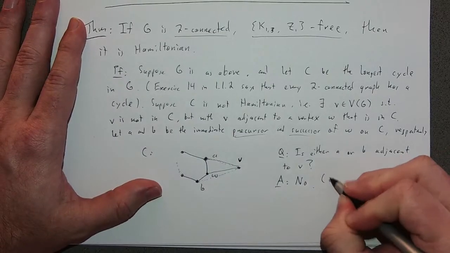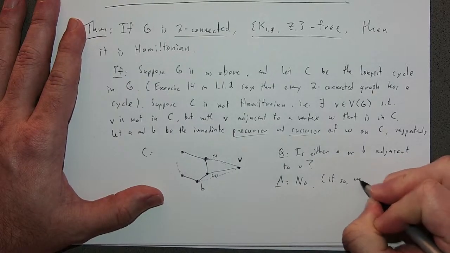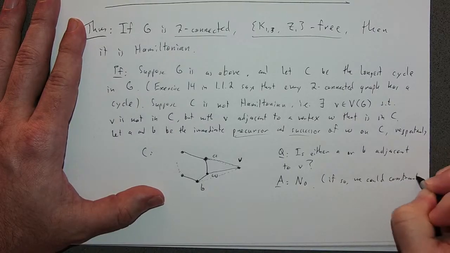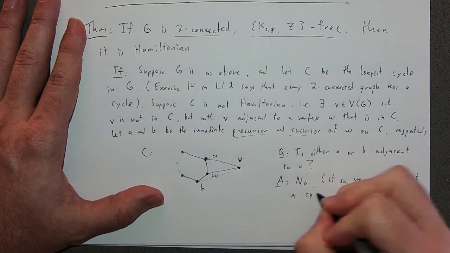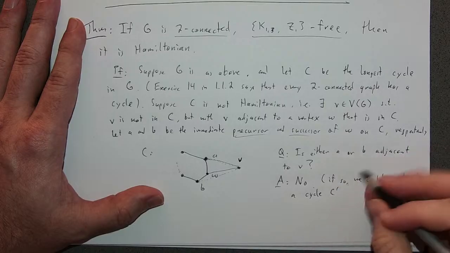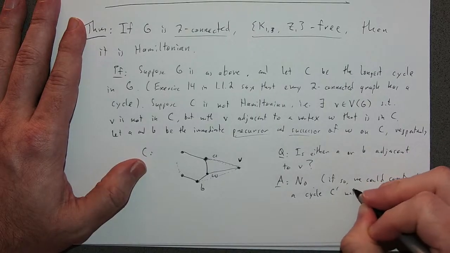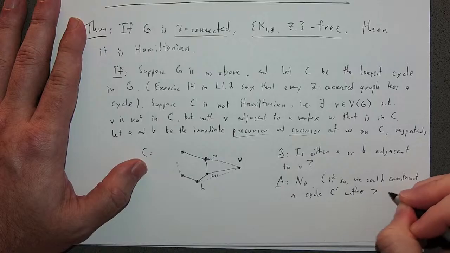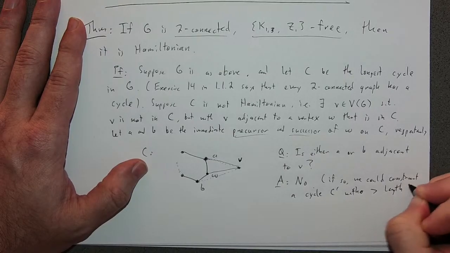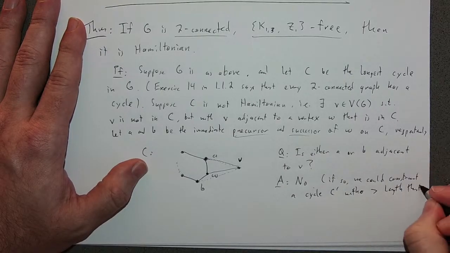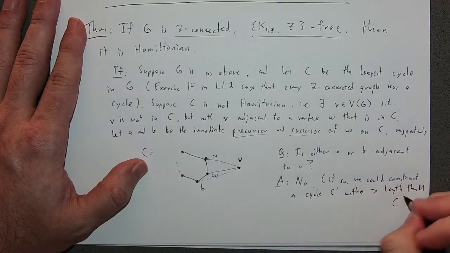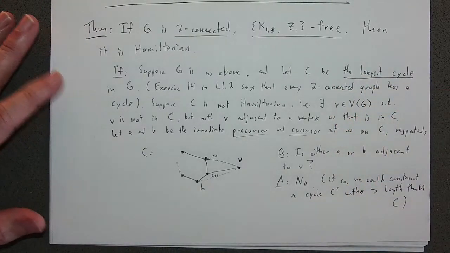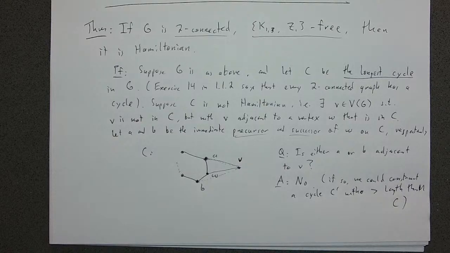So if so, we could construct a cycle, we'll say C prime, with greater length than C, which would contradict C being the longest cycle.